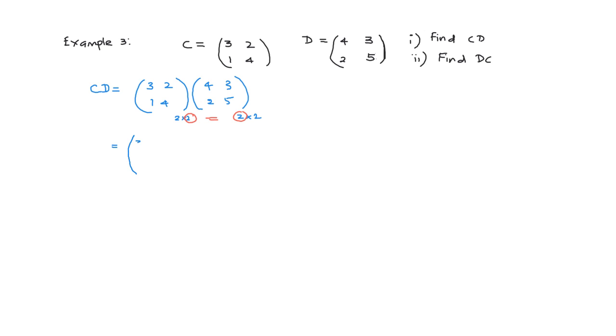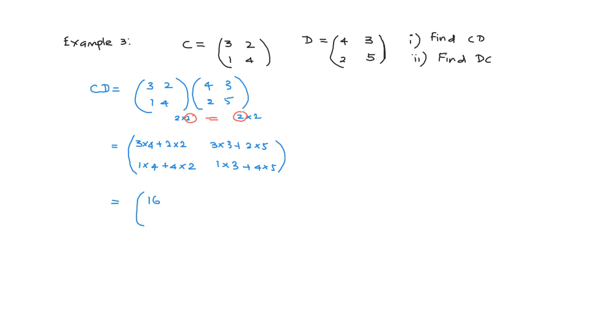Let's see. 3 into 4 plus 2 into 2. 3 into 3 plus 2 into 5. 1 into 4 plus 4 into 2. 1 into 3 plus 4 into 5. Equal. You have 3 into 4, 12, 12 plus 4 is 16.